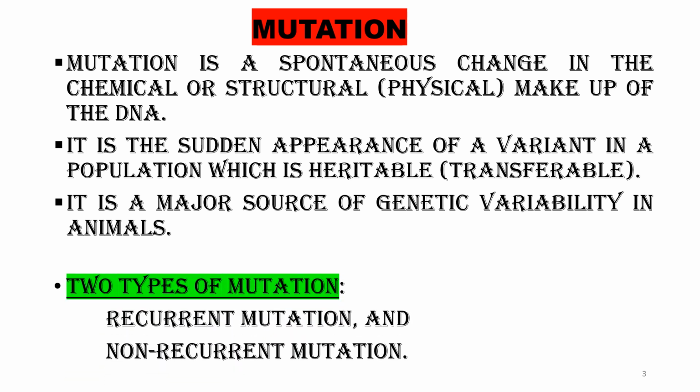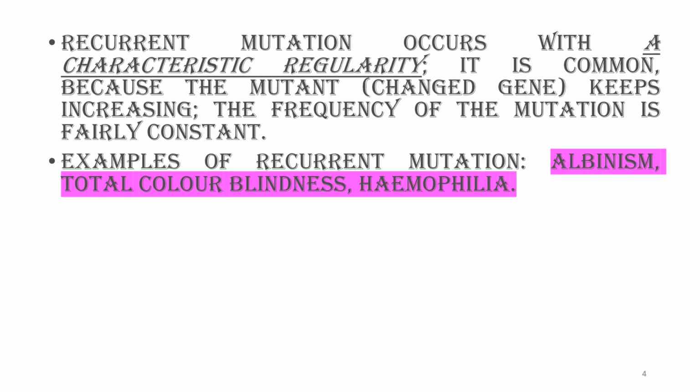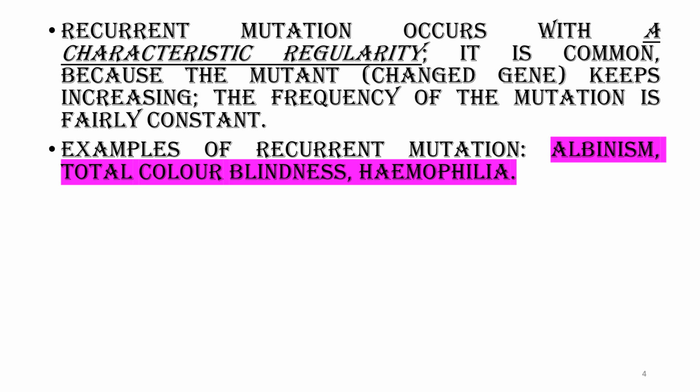There are two types of mutation. We have what is known as recurrent mutation and non-recurrent mutation. It is recurrent when it occurs with a characteristic regularity, and it is common because the mutant, that is the gene that has been changed, keeps increasing in the frequency of the mutation at a fairly constant rate.